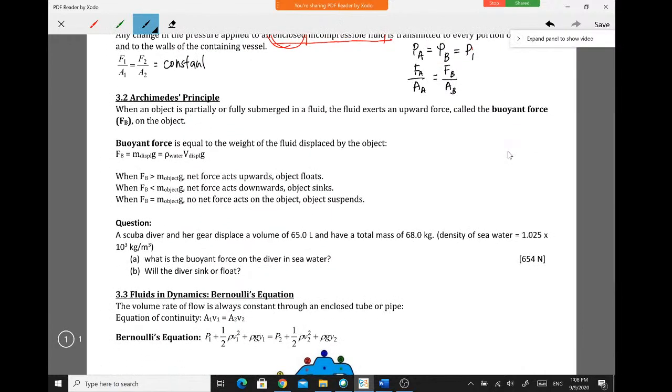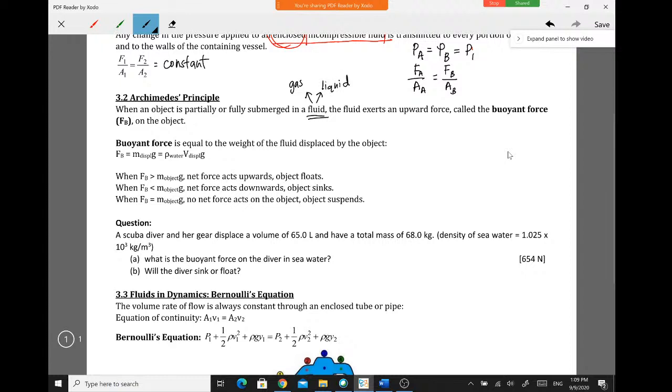The second principle is Archimedes principle. So Archimedes principle talks about buoyant force. So when an object is submerged in a fluid, so this fluid can be both gas or liquids now.